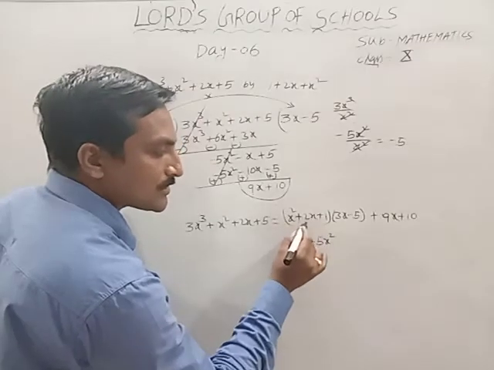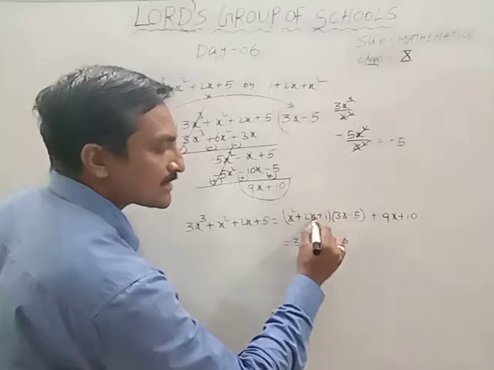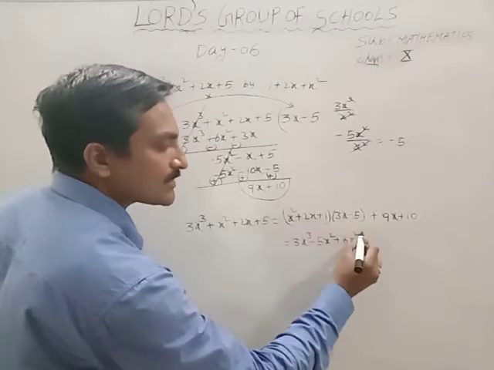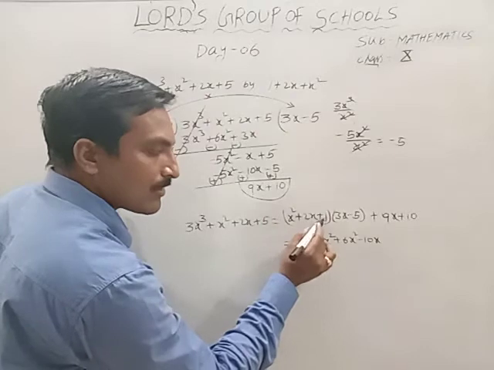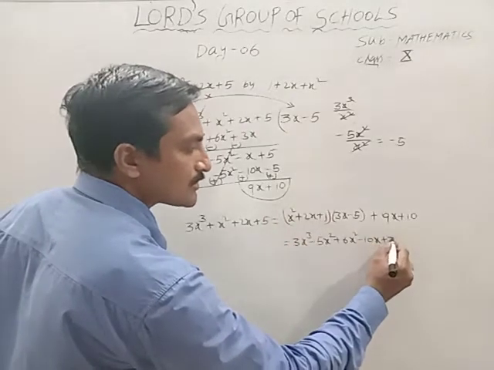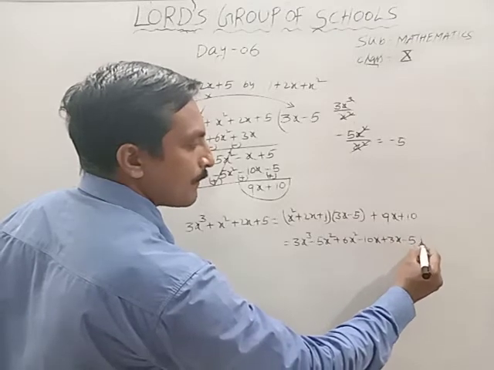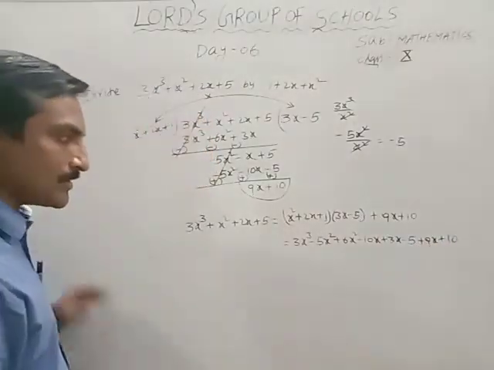Next comes 2x. 2x into 3x: 2 threes are 6, x into x, x square. 2x into minus 5, minus 10x. Next multiplied with 1: 1 into 3x, 3x. 1 into minus 5, minus 5. Plus 9x plus 10.